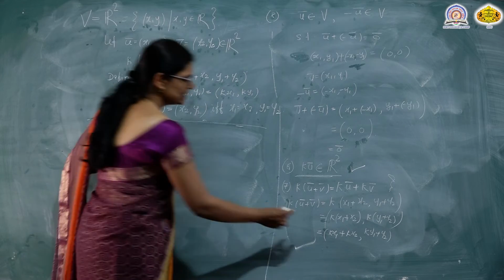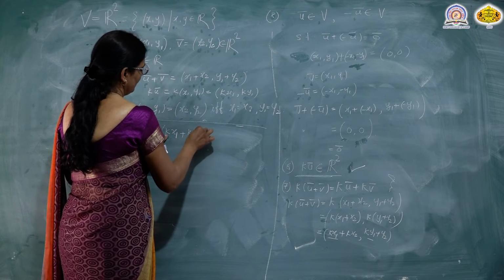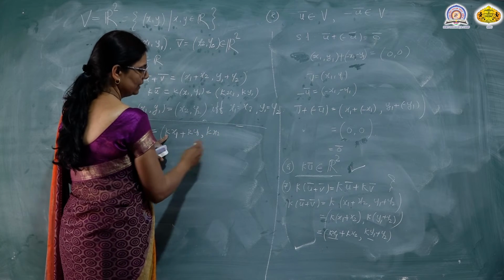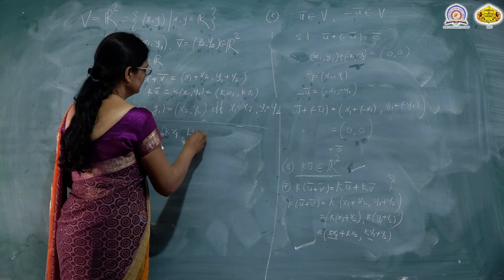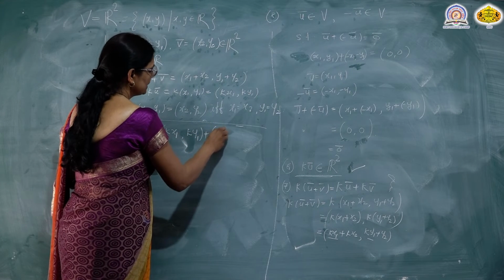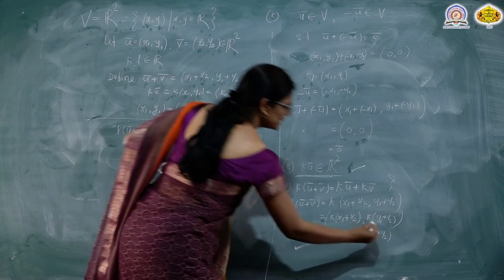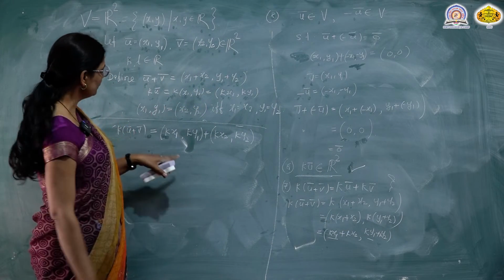The first vector is (k x1, k y1) and the second vector is (k x2, k y2).